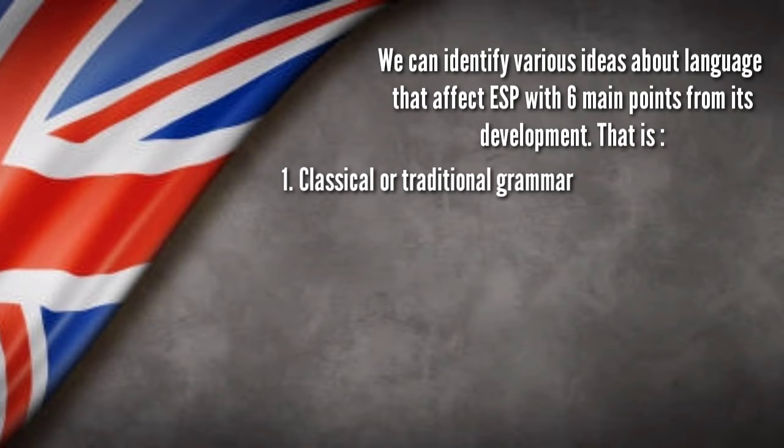The use of English with other languages is based on the grammar of the classical languages, namely Greek and Latin. This description is based on an analysis of the roles played by each word in the sentence.